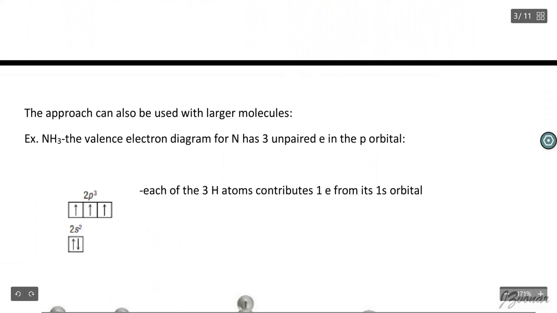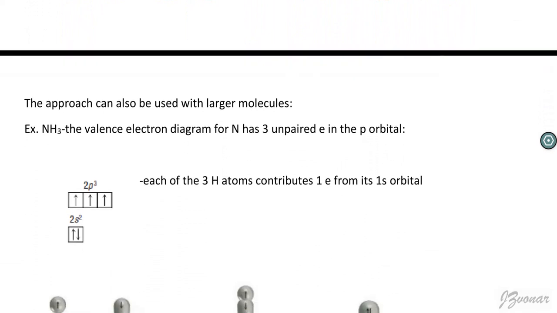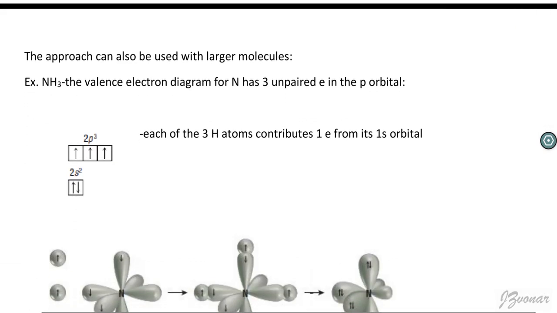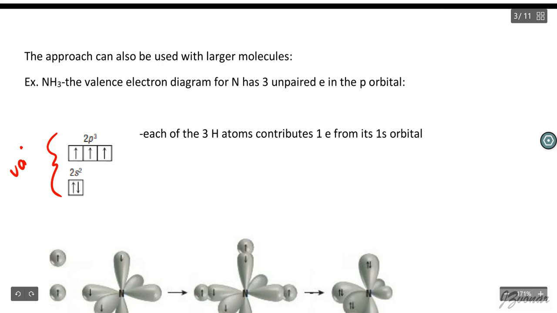Now, this can also occur with some larger molecules, such as ammonia. So let's consider the orbital diagram for nitrogen. Okay, so we look here for nitrogen. This represents the valence electrons. We're not including the 1s2 in this orbital diagram, because don't forget that 1s2 is also filled.